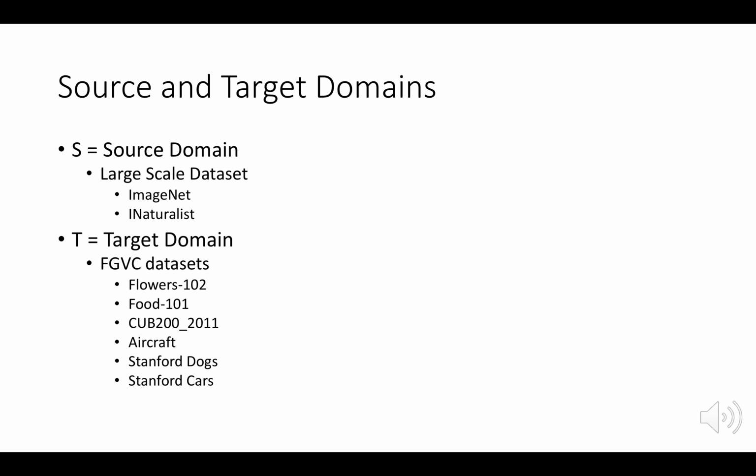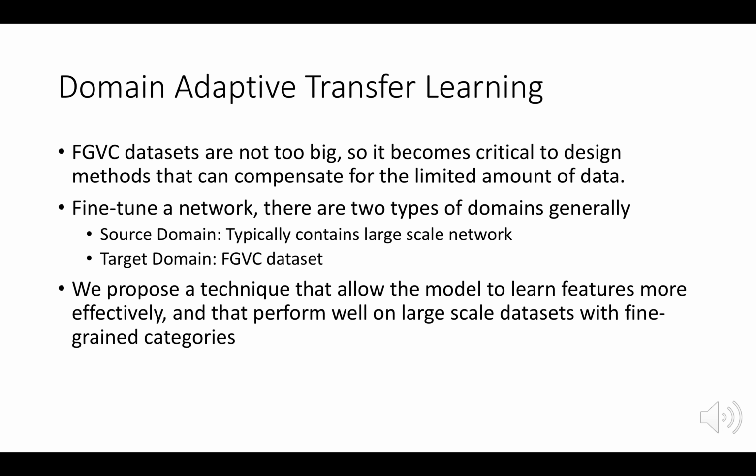Typically we have ImageNet, but for our case, we also use iNaturalist. iNaturalist is also a very big dataset that includes mostly nature oriented classes, including birds, including trees, a lot of things. And targets are the FGVC datasets. For our experiment, I used flowers, food, bird dataset, aircraft, dogs, and cats datasets.